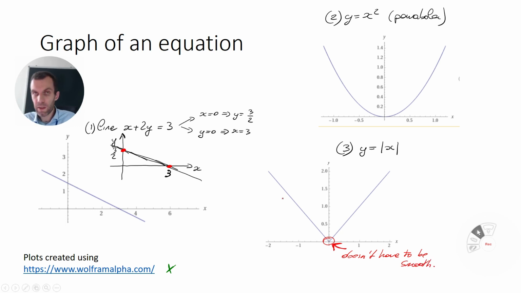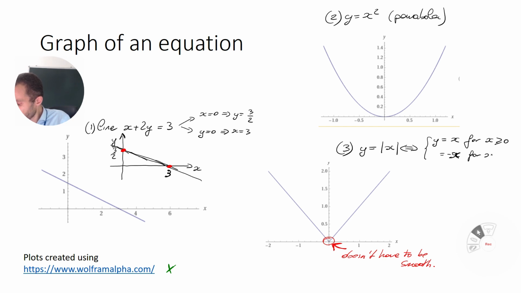How did we get this particular shape? Let's again see if we can unpack that a little bit. So y is equal to absolute value of x. That's the same as saying y is equal to x for positive x, or x equal to 0, and y is equal to minus x for negative values of x.